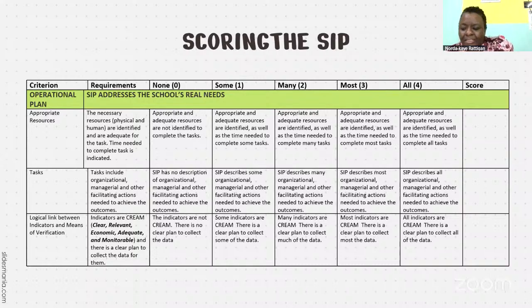Economic means that you have within your parameters what it takes to cover the cost. It's not out of your reach. Is it monitorable? The way you word it, will you be able to monitor it based on what you put there?